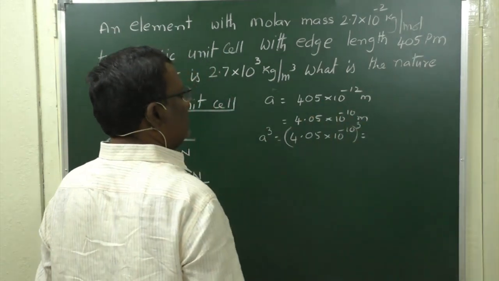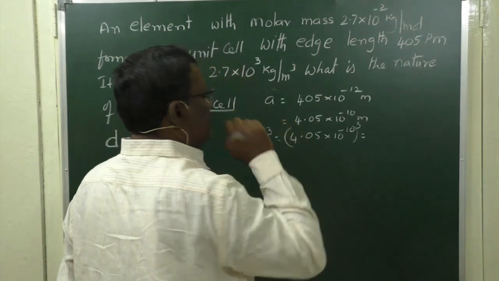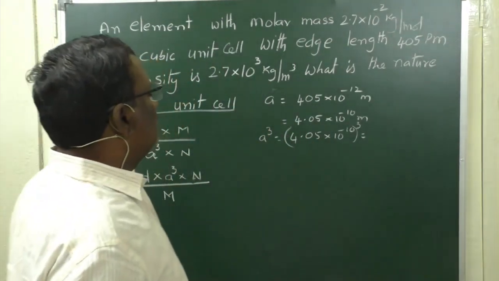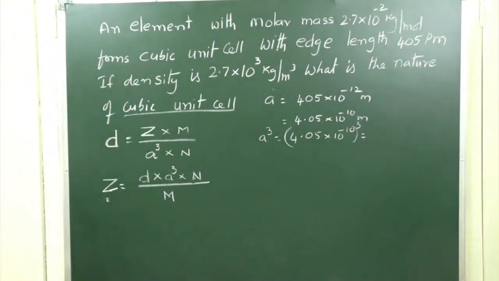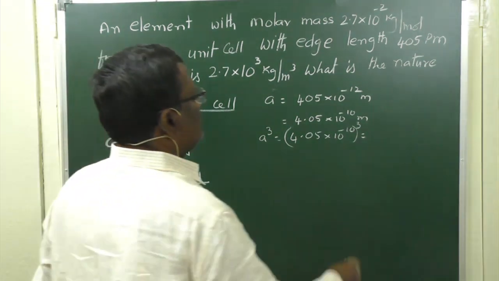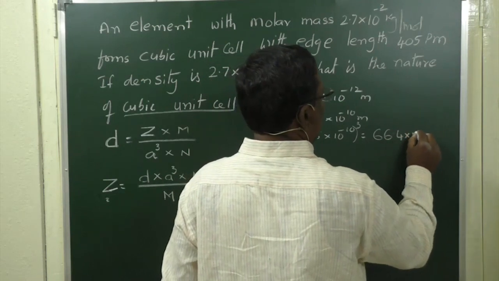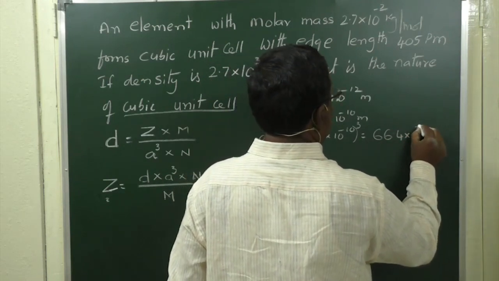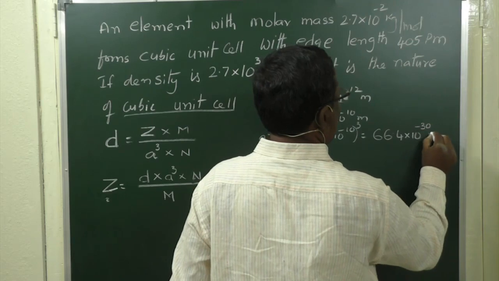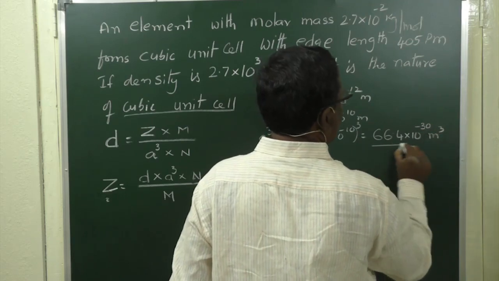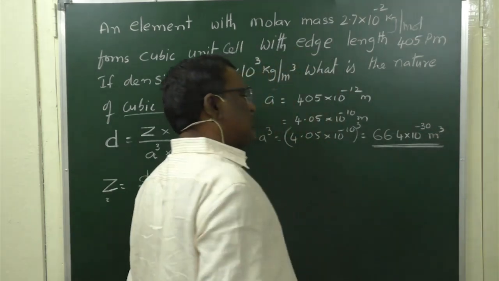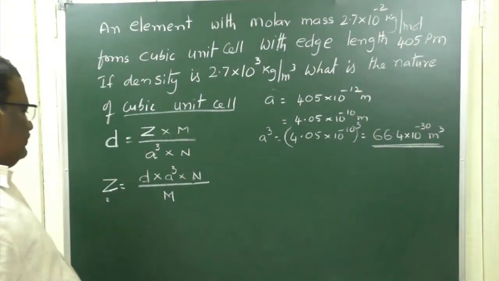On simplifying this, you will get 66 point something. Calculate it. 66.4 into 10 to the power minus 30 cubic meters. This is the A cube value.